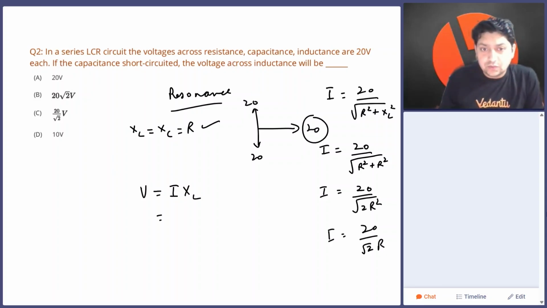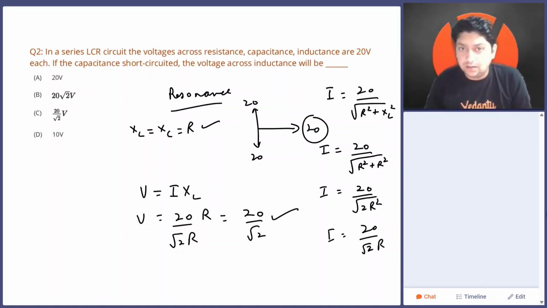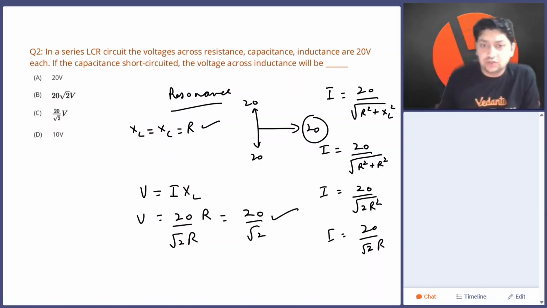So the current is 20 by root 2 R, and XL is also equal to R. Okay, so R and R will cancel out, so 20 by root 2 will be the potential drop or voltage across the inductance. So this is how you'll be solving it. Okay, the answer will be option C.